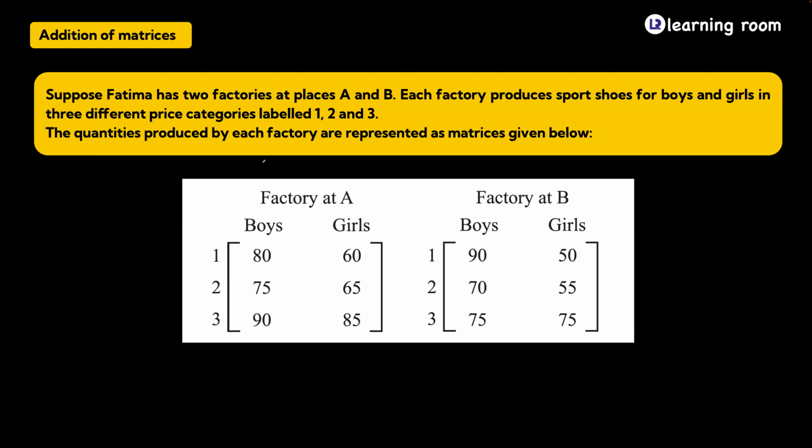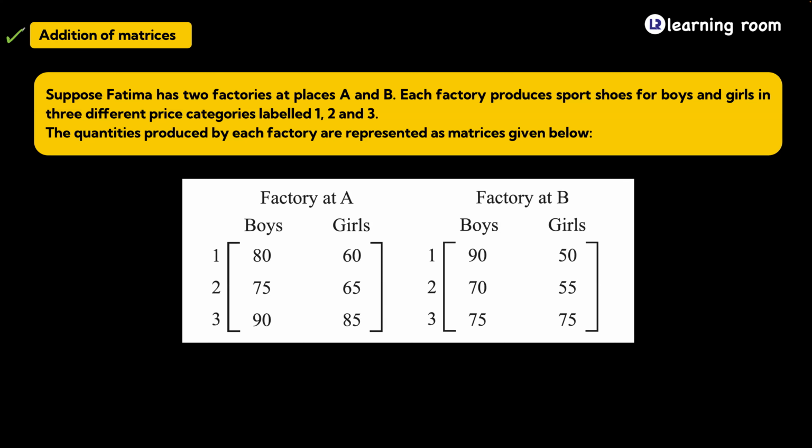So division is not possible in case of two mathematical objects: one is matrices, one is vectors. There is no concept of division of vectors also. Okay. So having said that, first we'll get started with the concept of addition of matrices.